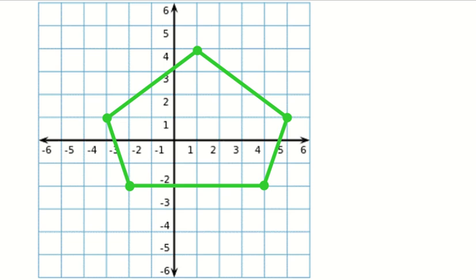So find the perimeter. Typically, you want to go to like 2 decimal spots with your rounding.